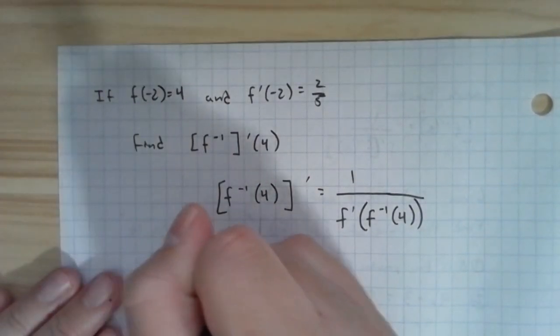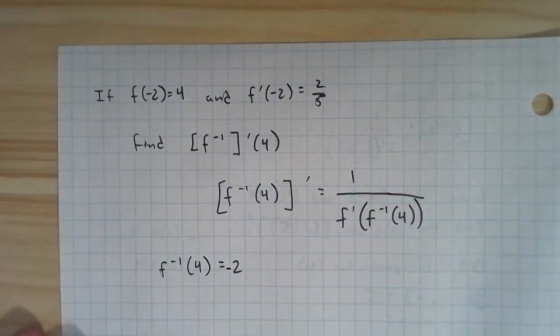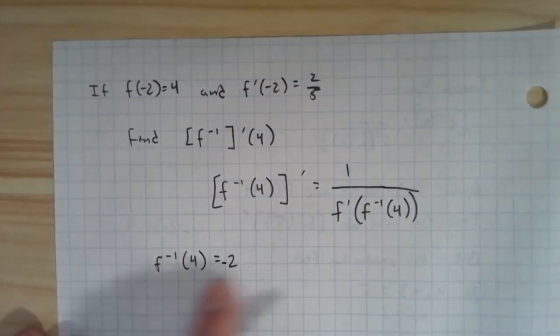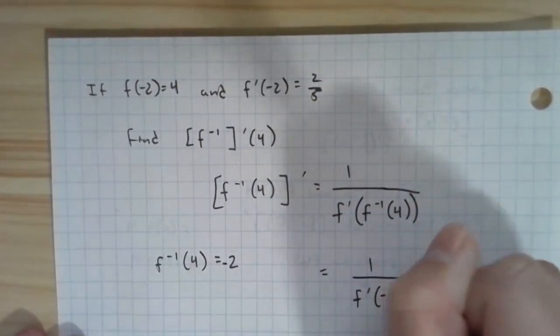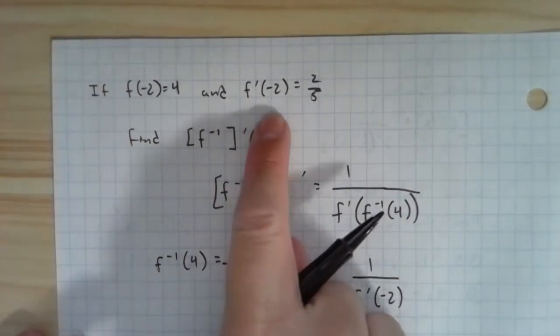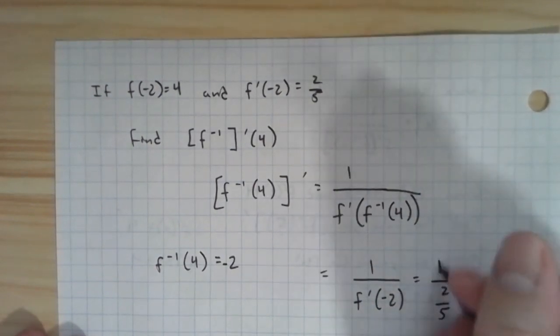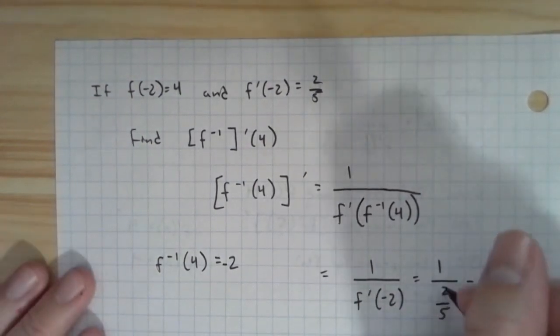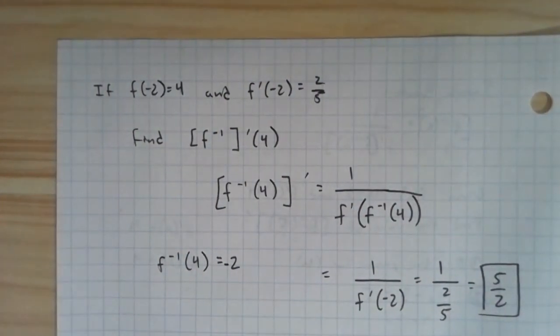So f inverse would be x value 4, y value negative 2. Switch them. And so then, plug in: this would be 1 over f prime of negative 2, and that was given right there. So 1 over 2/5. Divided by a fraction, so multiply by the reciprocal: 5 over 2.